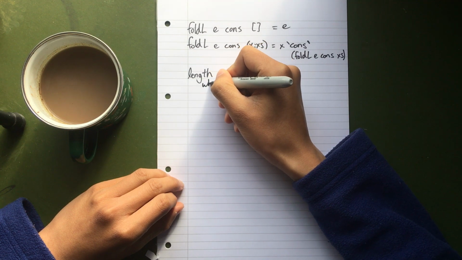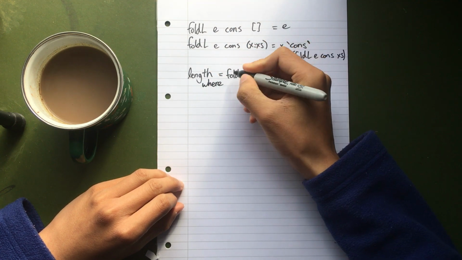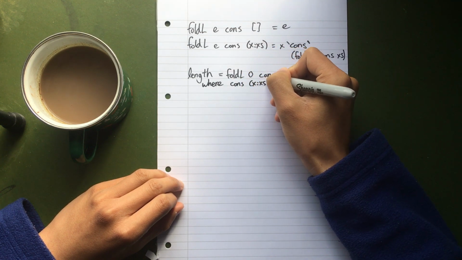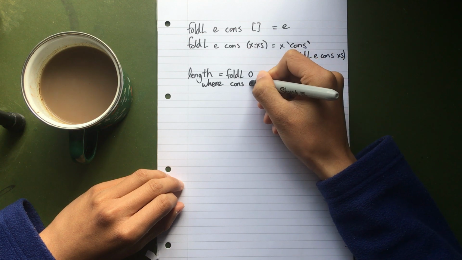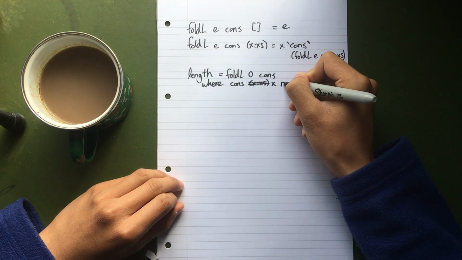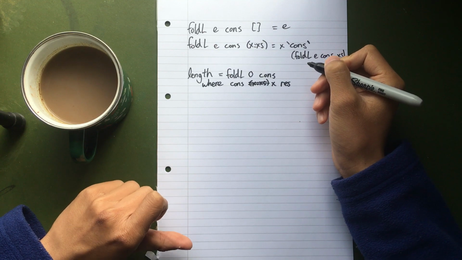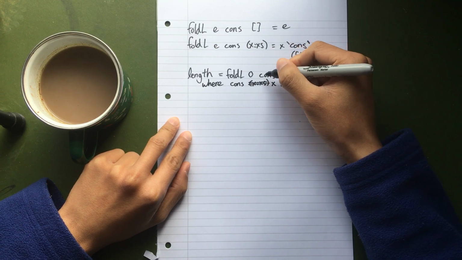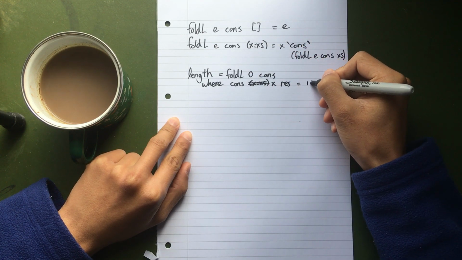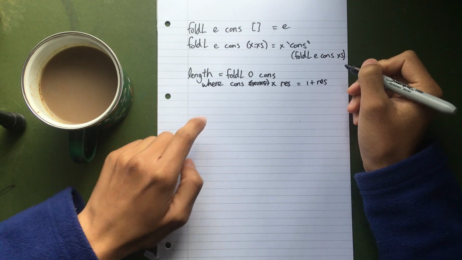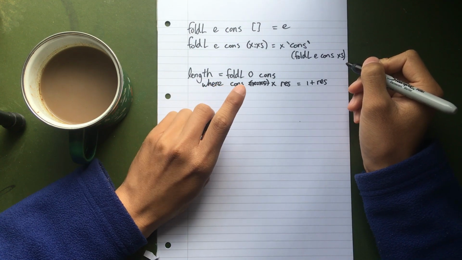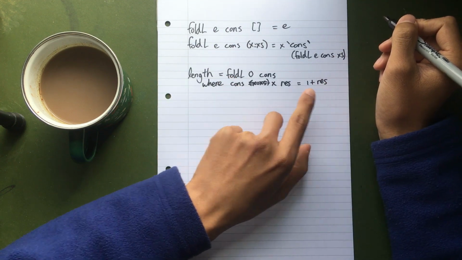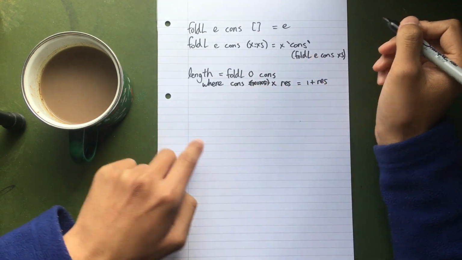We want to say the cons is going to be a thing that takes in the x and the result of our fold and gives us 1 plus the result. That's going to say the length of our list is going to be 1 plus the length of the tail of the list. The result here is the length of the tail of the list, the result of the fold.